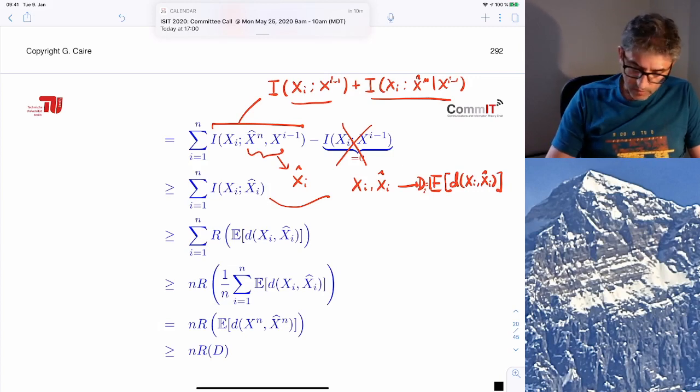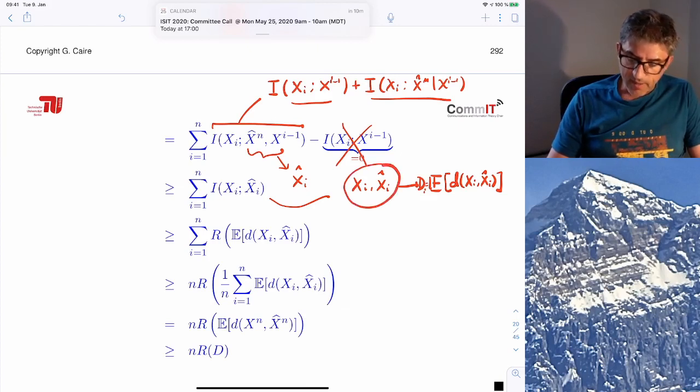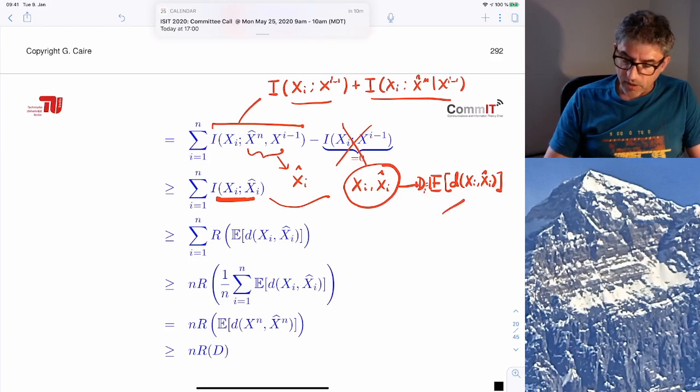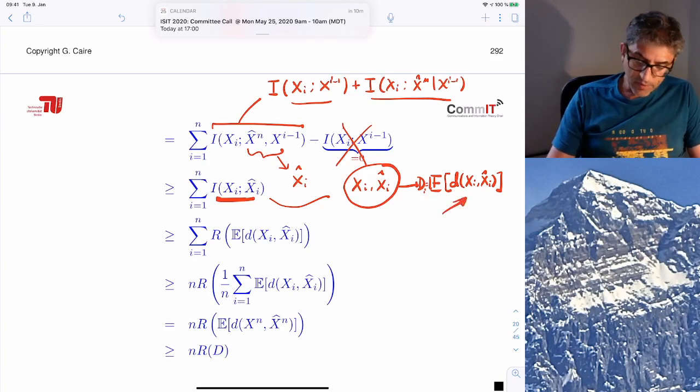Now I know that for any possible distribution of X-hat_i, this mutual information is lower bounded by the minimum of the mutual information over all joint distributions satisfying the same distortion. And this minimum I call R of D, right?